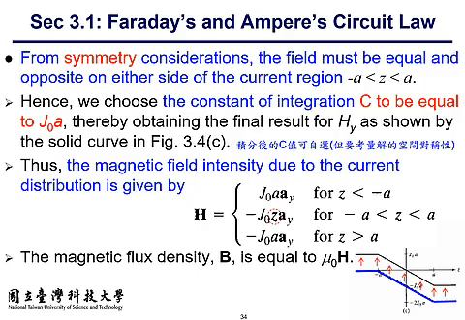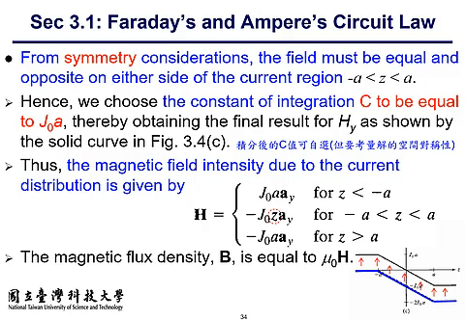And as you can see from this result, c is chosen as J sub 0 a. Why do we choose c as J sub 0 a? Well, so that the answer becomes symmetric with respect to the current distribution.